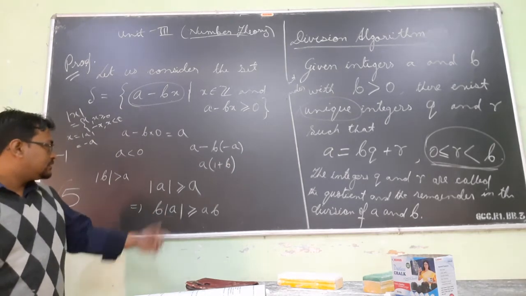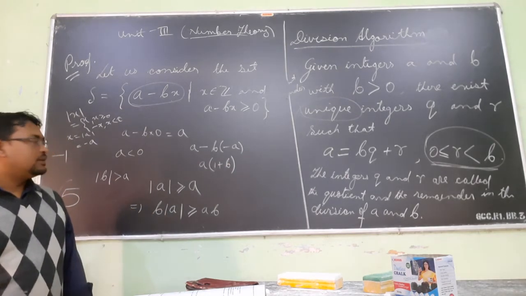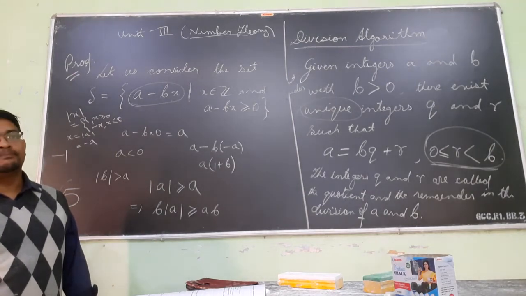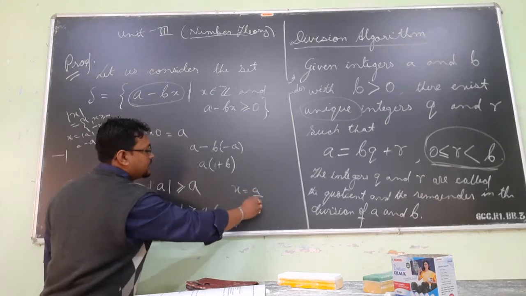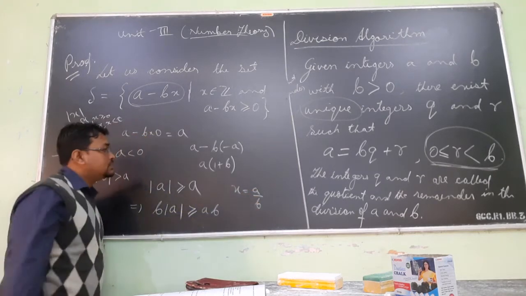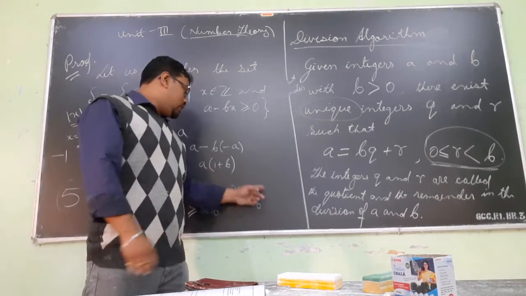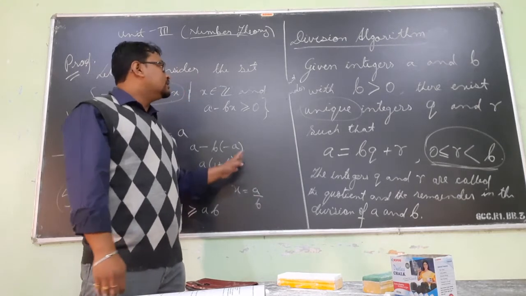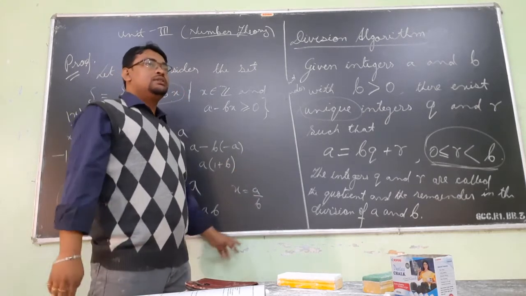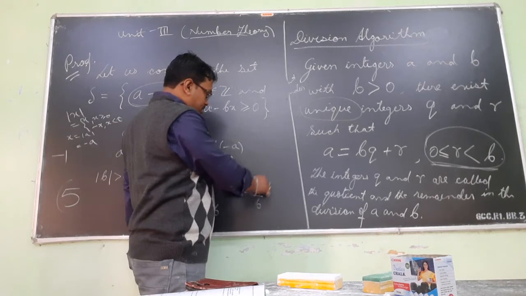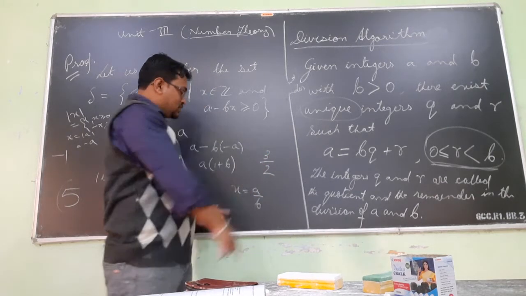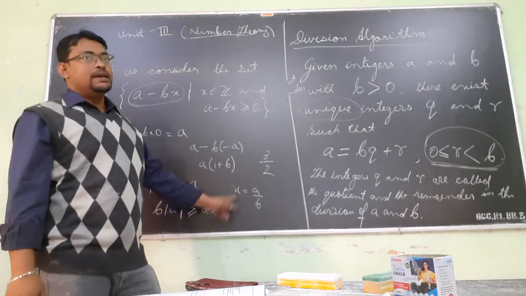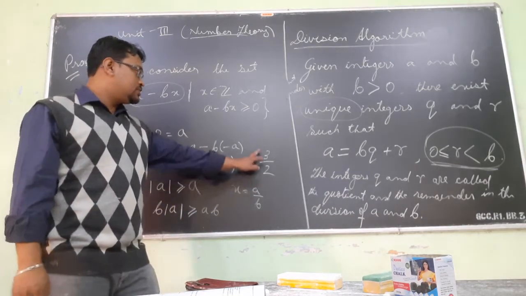Try to think. x equal to A divided by B, this we cannot write. We are working only with integers. It may happen that A is 3 and B is 2, so x is not an integer in that case. x equal to 3 by 2 is not an integer.